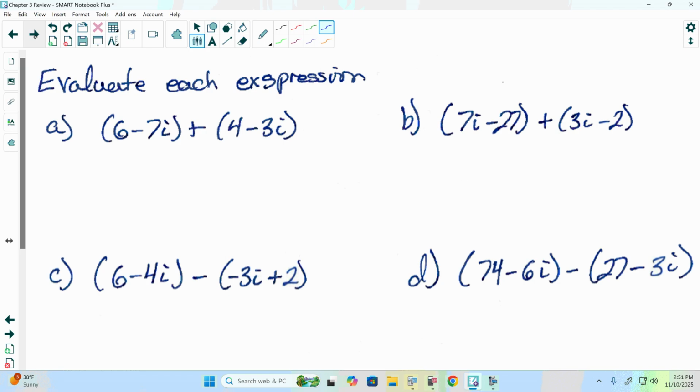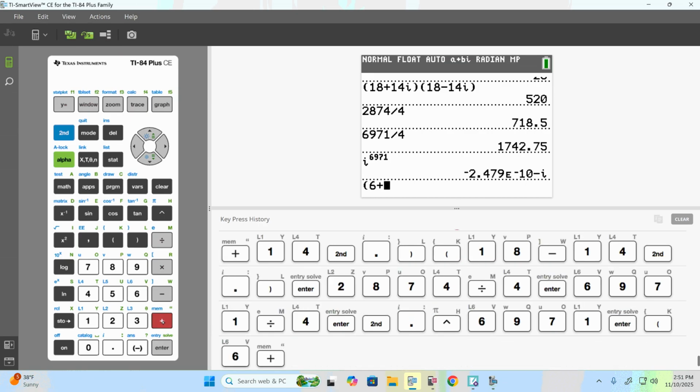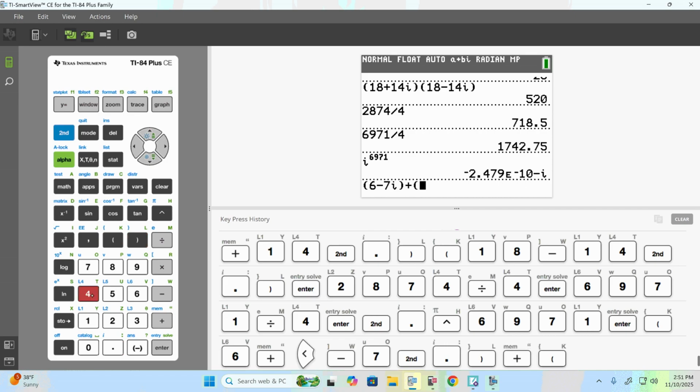So when we first went over these here, we would look at the parentheses, see if we can just drop them, or if we need to distribute a negative through. We did that and then combine like terms, yes? We did that for a few of the problems, then we realized what? We can take the graphing calculator and go what? 6 minus 7 second decimal for i, plus 4 minus 3i.